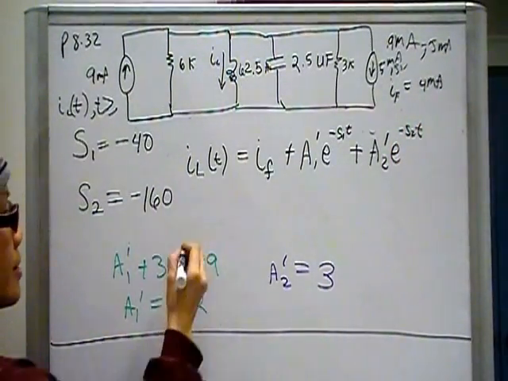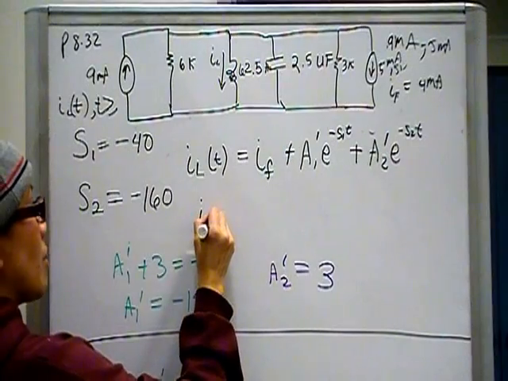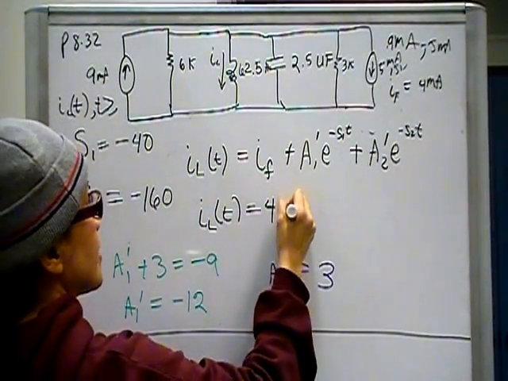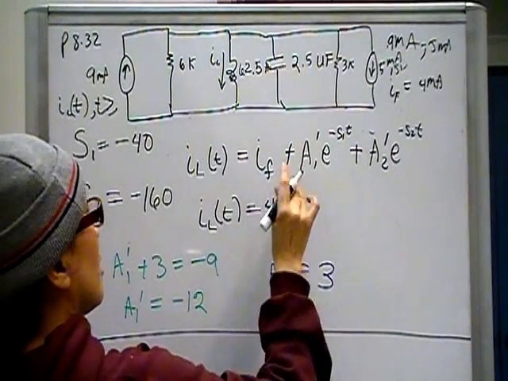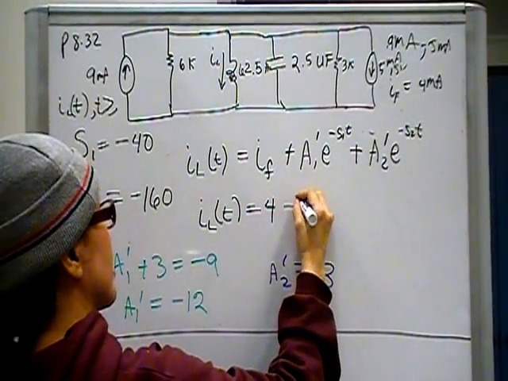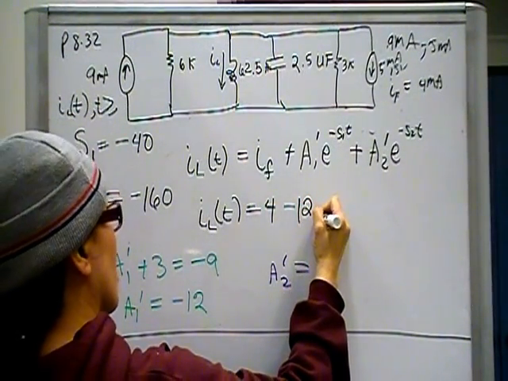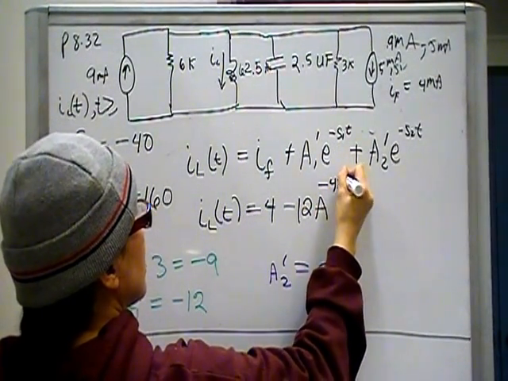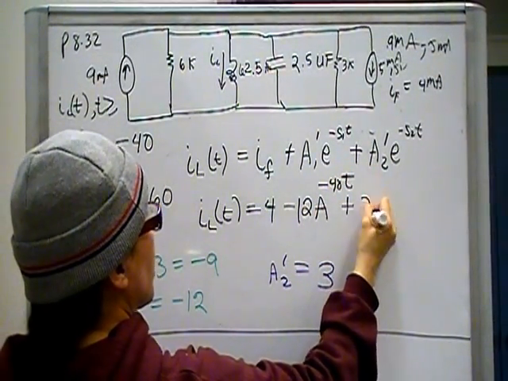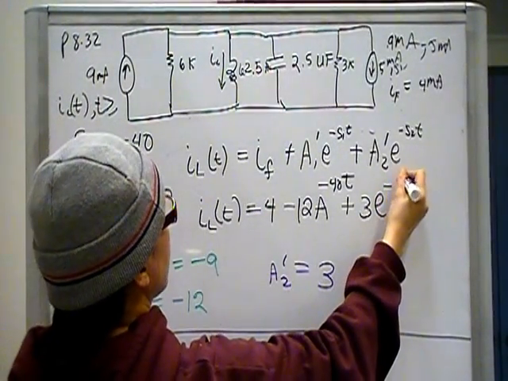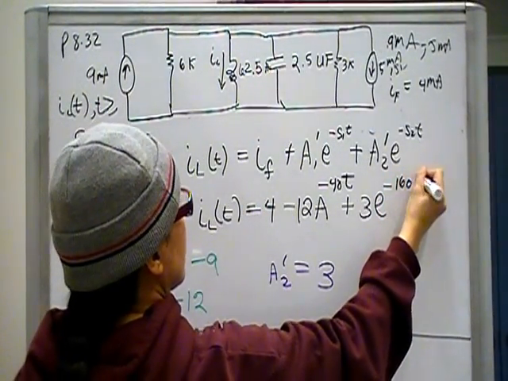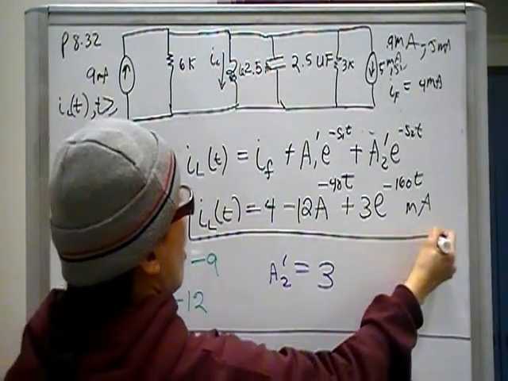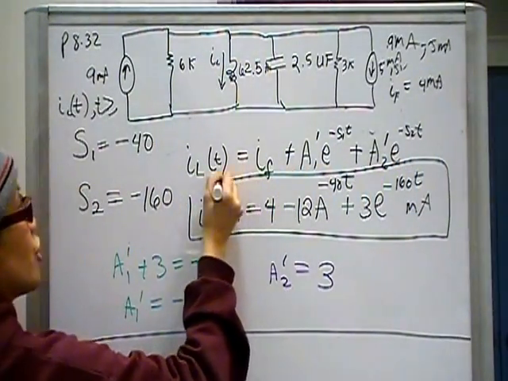We have all the pieces, so the answer to this problem is IL of t is equal to 4 plus minus 12 e to the negative 40 t plus 3 e to the minus 160 t milliamps. And that is the answer I came up with.